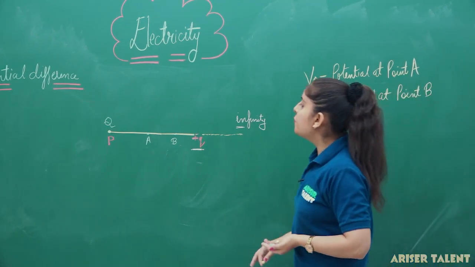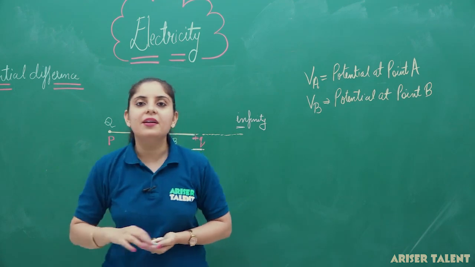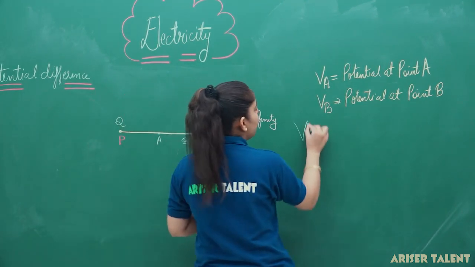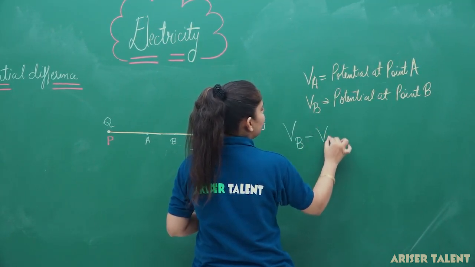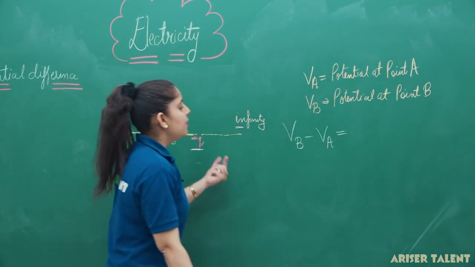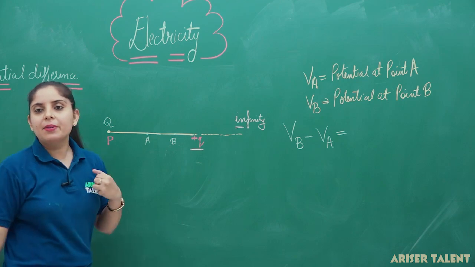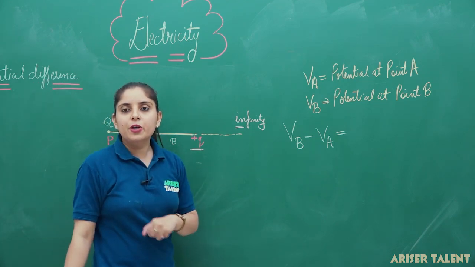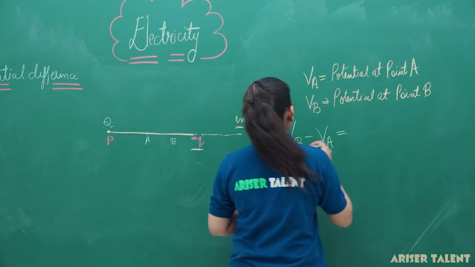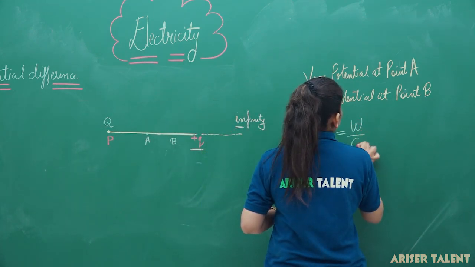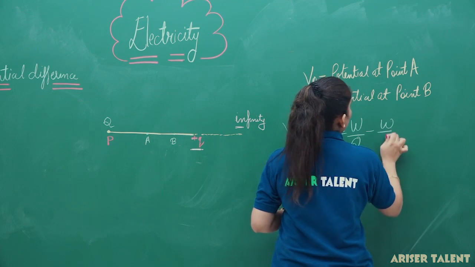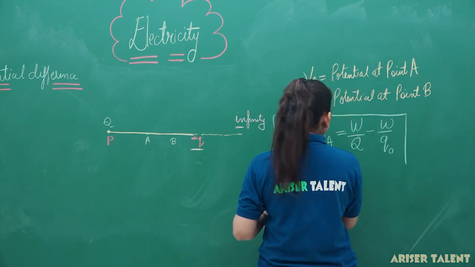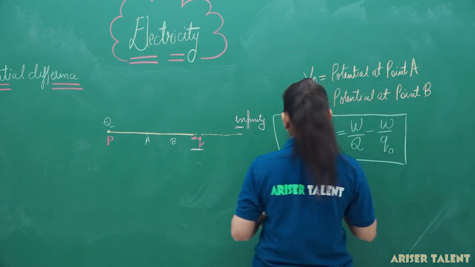Then the potential difference between 2 points will be written as VB minus VA. So I can write that potential difference will be VB minus VA, and it is the amount of work done in bringing a unit positive charge. So it came out to be W upon Q minus W upon Q naught. So this is the potential difference we will observe at both the ends.